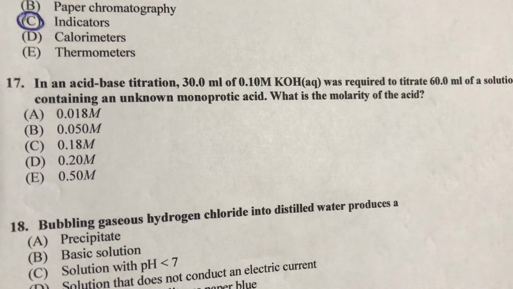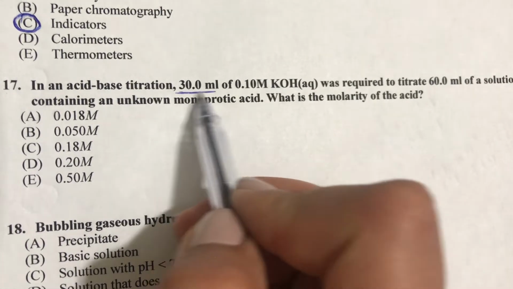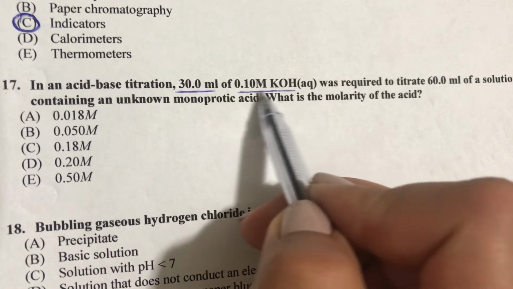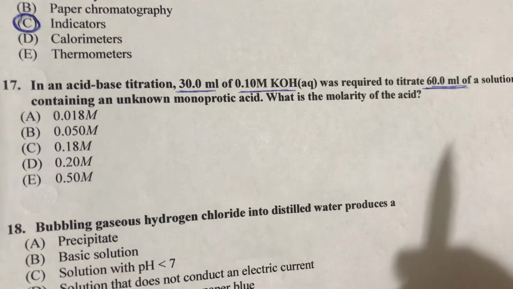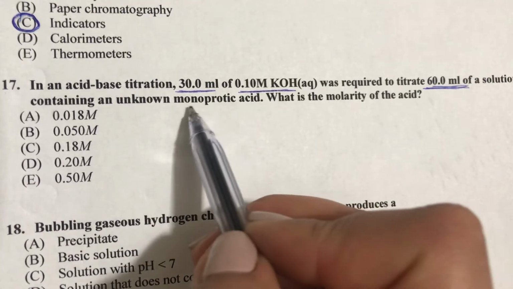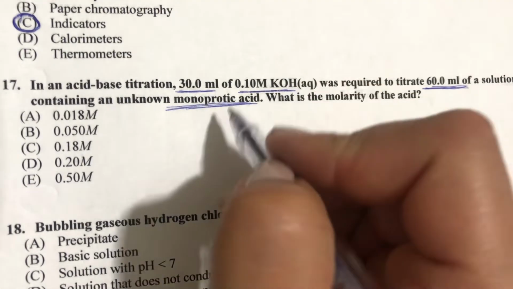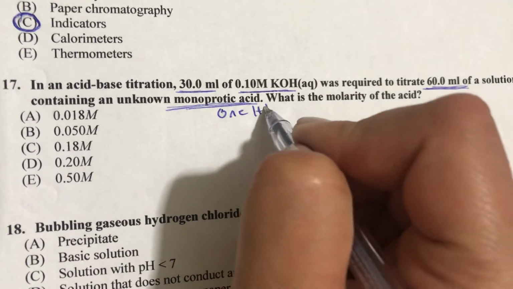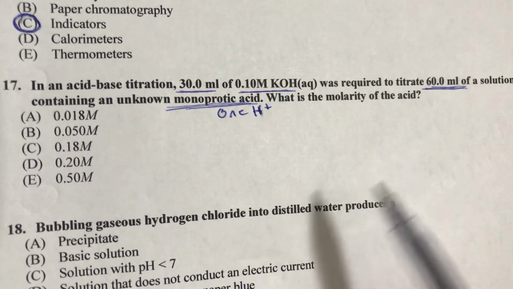Question 17. In an acid-base titration, 30 ml of 0.1 molar KOH was required to titrate 60 ml of a solution containing unknown monoprotic acid. Monoprotic acid means it contains one hydrogen. What is the molarity?